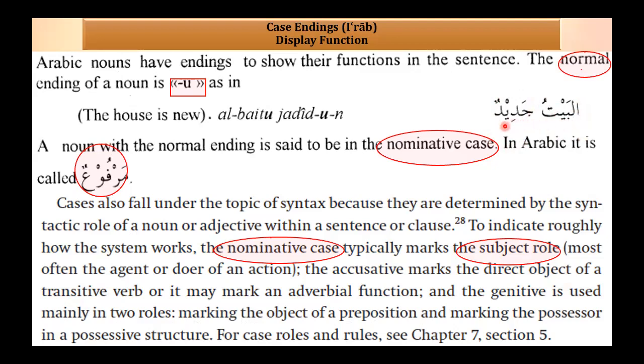We also said al-baytu is in the nominative case, marfu'un. Why? Because it is the subject, the mubtada. That's why it's in the nominative case, and that's the reason for this u ending, the case endings, okay?